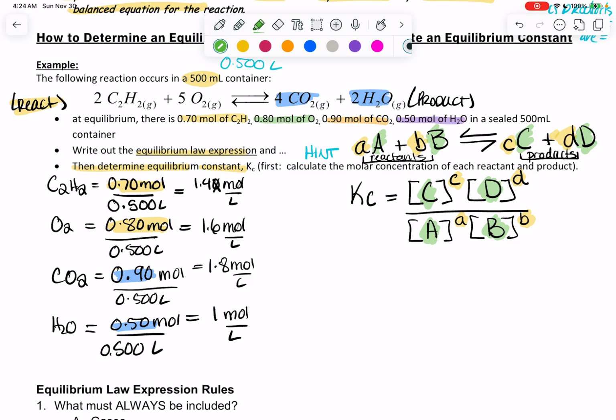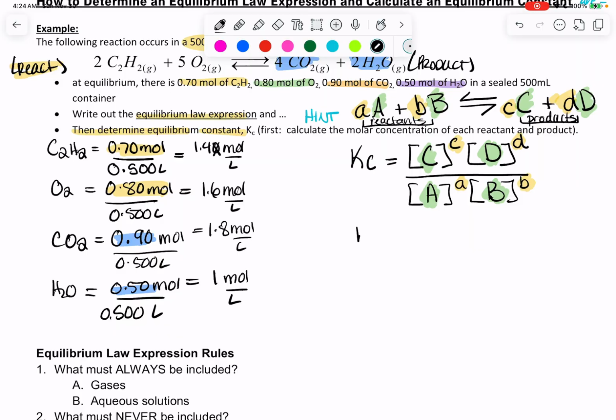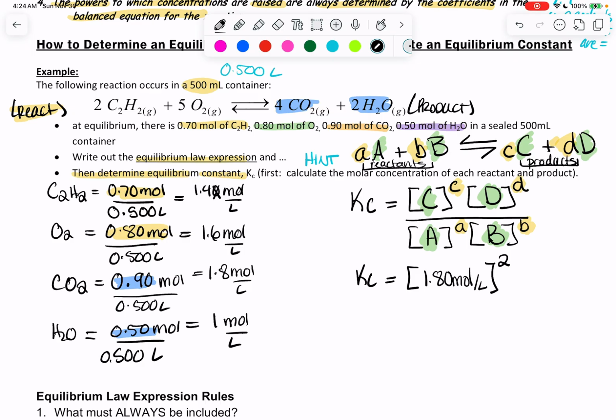So now all I do is I plug in my values. So in this case, Kc is equal to my products, which are carbon dioxide, 1.80 moles per liter, to the power of 4, because 4 is my coefficient for CO2, and my coefficient for water is 2, multiplied by 1 mole per liter, to the power of 2, all divided by ethene to the power of 2, and oxygen to the power of 5.